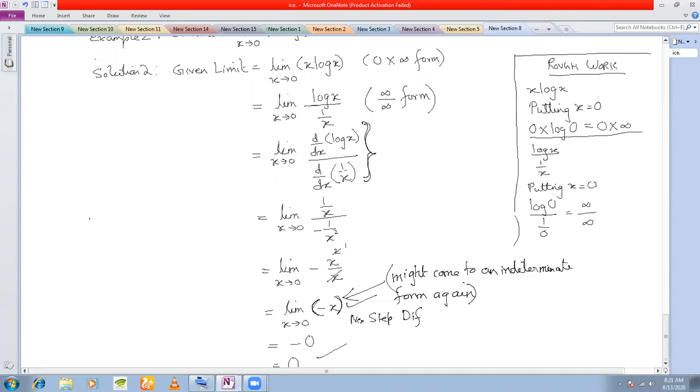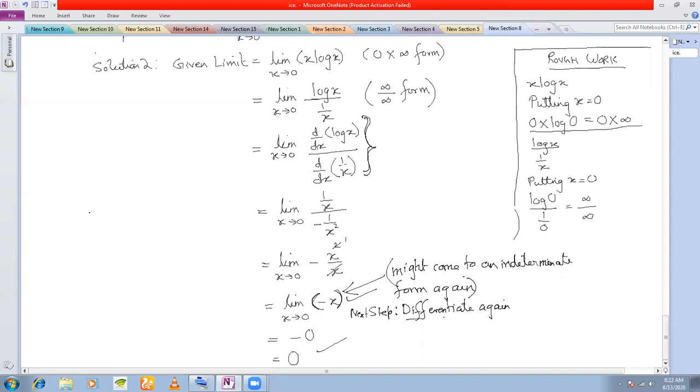After the second differentiation, you again put back the value of x and check whether it is a determinate form. If it is, fine. If not, you differentiate again. This process continues until you get a determinate form. Is it clear? So let's see some more examples now.